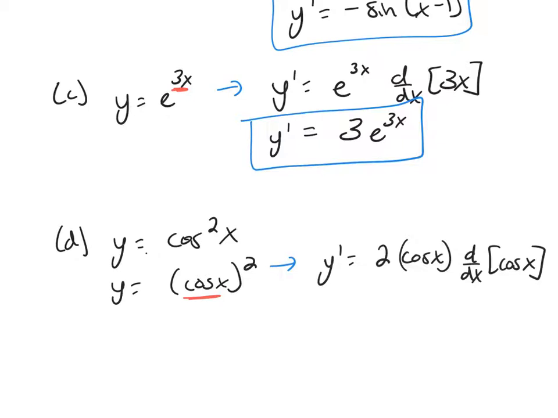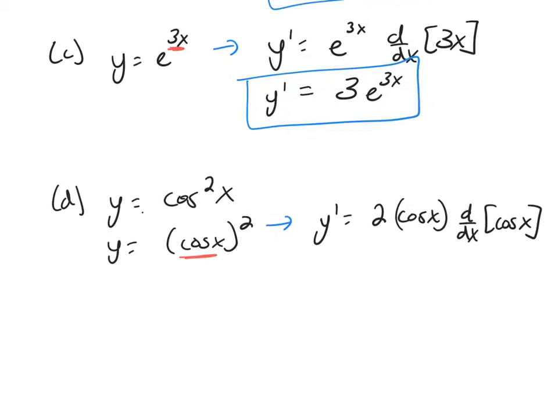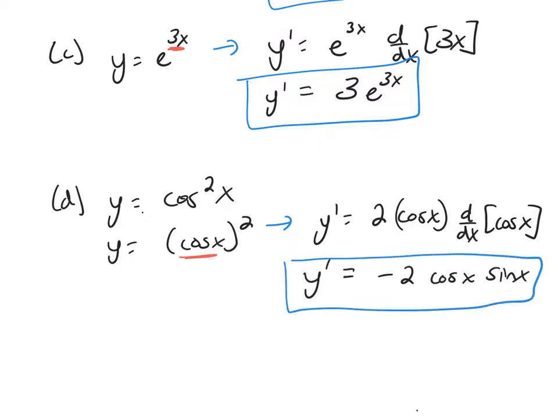It's a minus sign, so you'll have a negative now, minus 2 cosine x sine x. I just pulled that negative out in front.